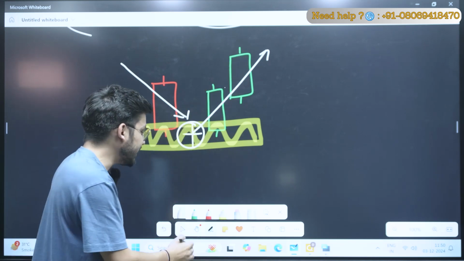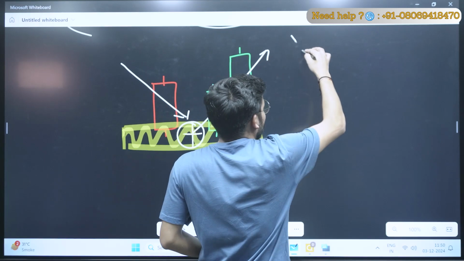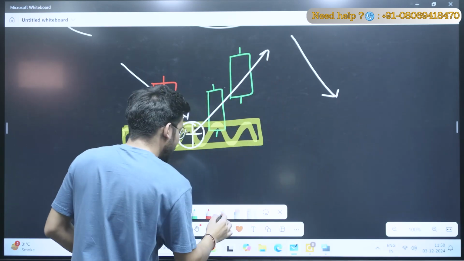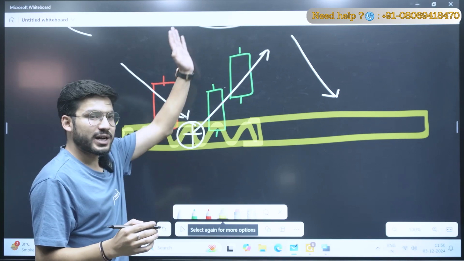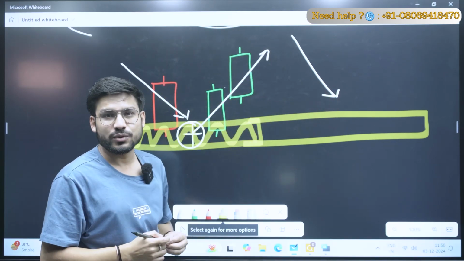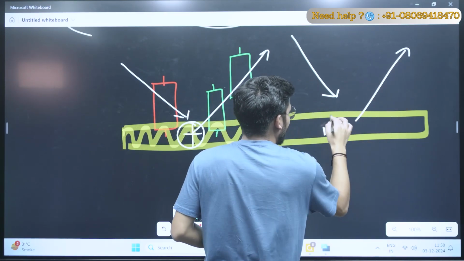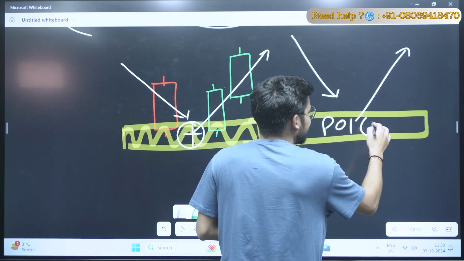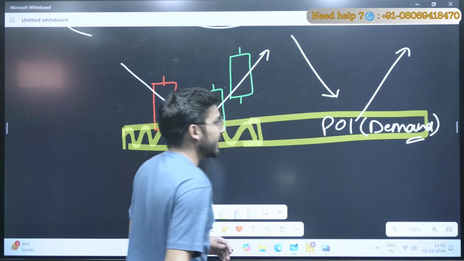So at any point of time, if my market again comes down to this level, that will be denoted as my demand zone, because from here a new buying can start. It is a demand zone because from here the buying is getting started.